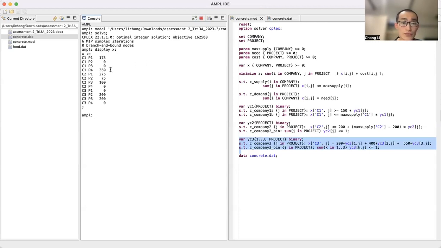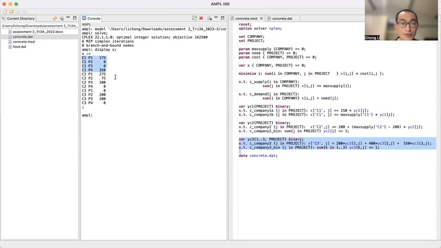For company 2, it supplies 175 units of concrete to project 1, and supplies 100 units of concrete to project 3 and 4.